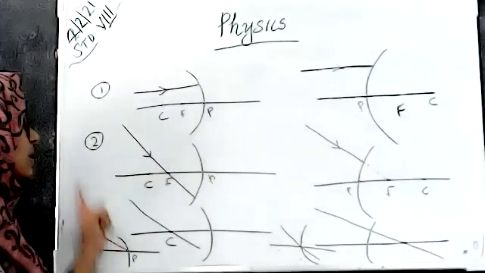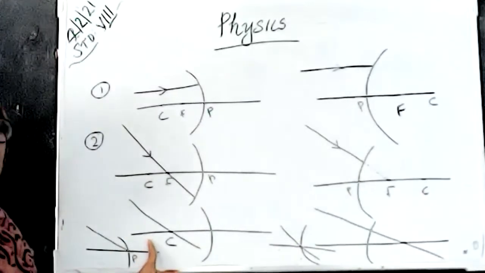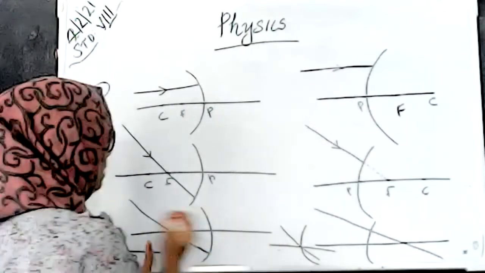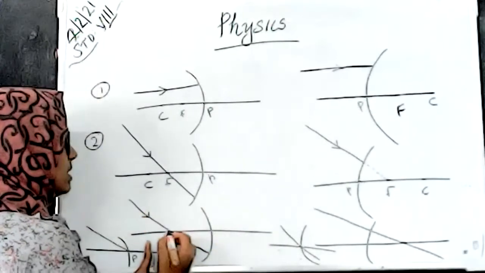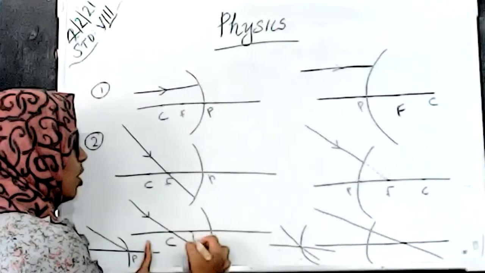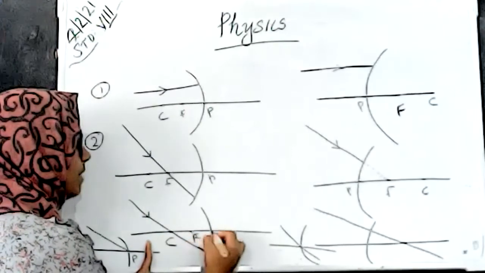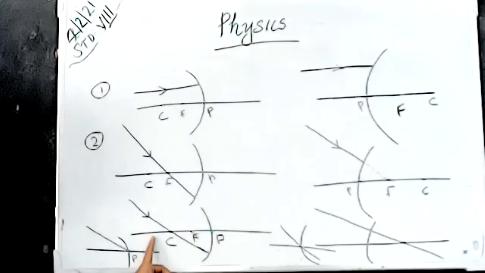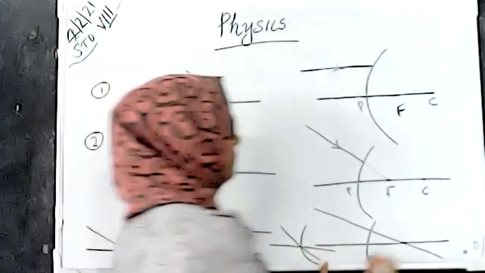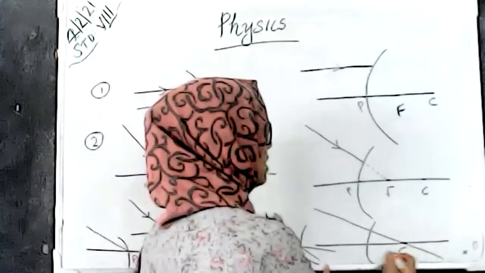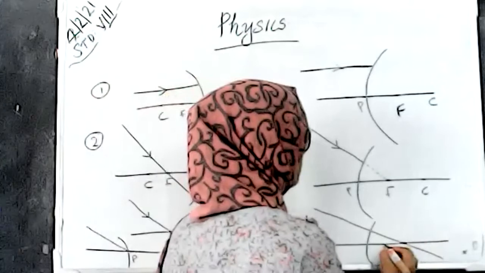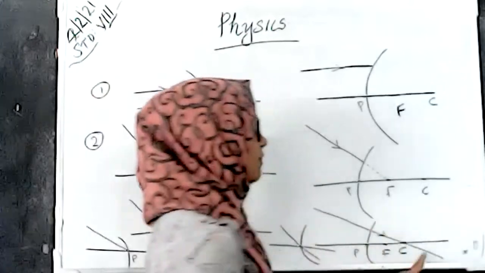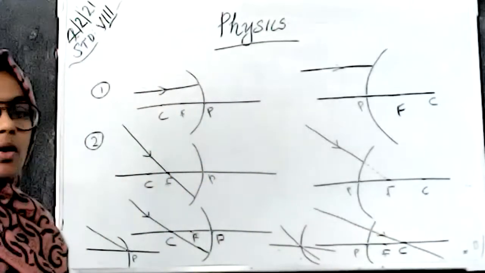And in the third case, the ray of light in a concave mirror falls through the center of curvature of the concave mirror. And in convex mirrors, the ray of light falls on the center of curvature of the convex mirror.